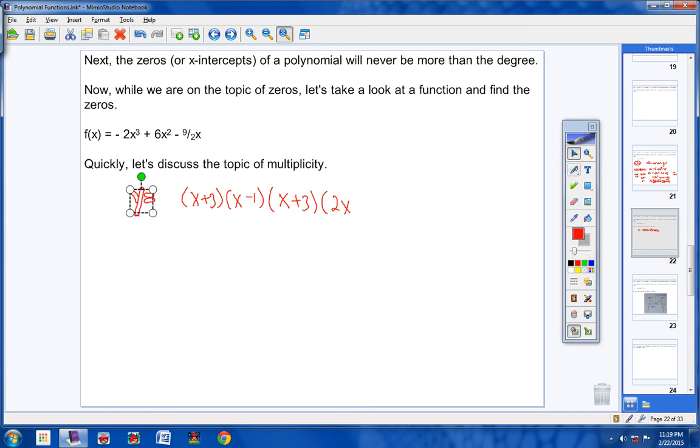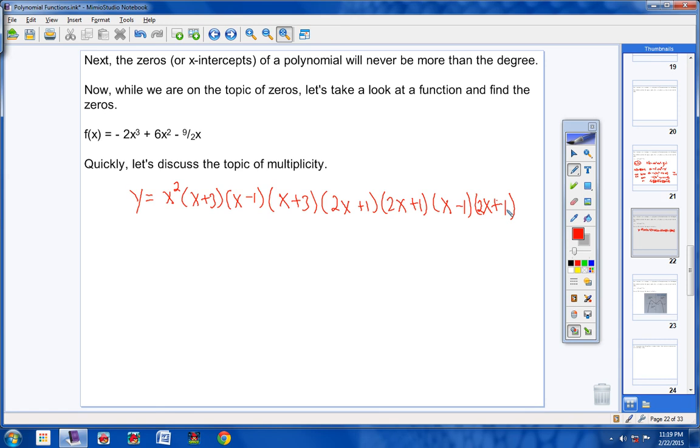Make a little space here, guys, and I want you to put x squared right here. x squared, then x plus 3, x plus 1, x plus 3, 2x plus 1, 2x plus 1, x minus 1, 2x plus 1, 2x plus 1. Okay, I'm going to give you just a second to copy that down.